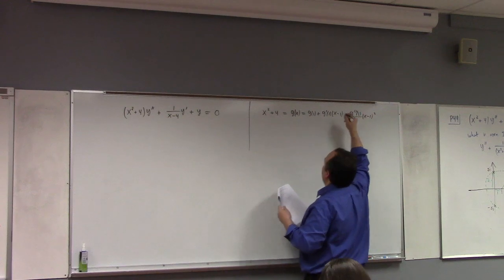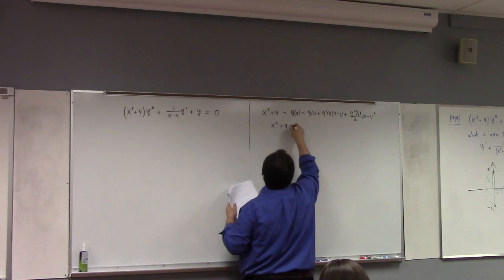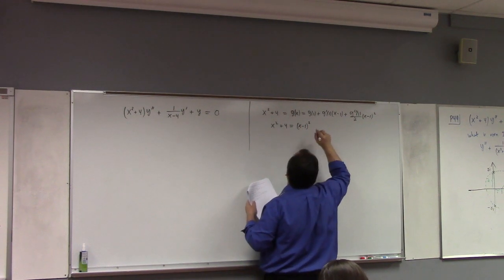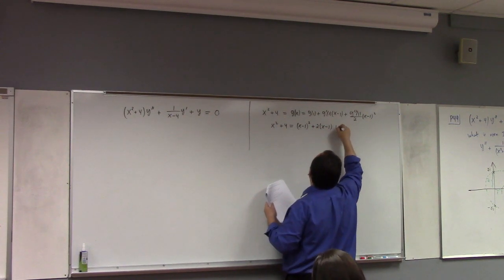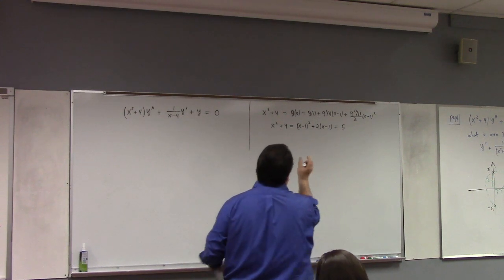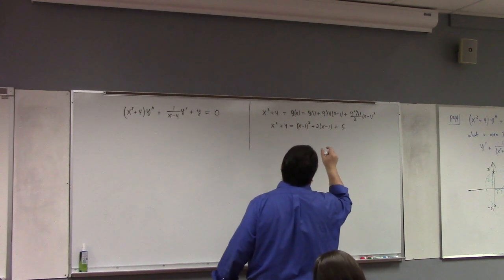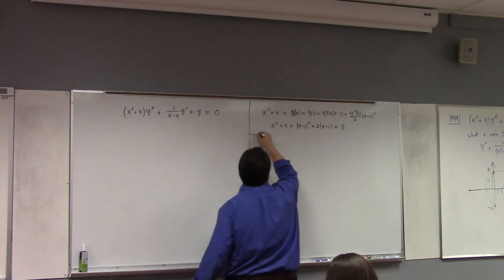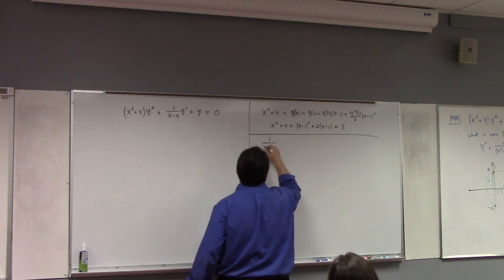So x squared plus 4 is actually equal to (x minus 1) squared plus 2 times (x minus 1) plus 5. You can FOIL that out and see that it works: x squared minus 2x plus 2x cancels, I get a plus 1, I get a minus 2, I get a 6 minus 2, which is 4. On the other hand, the 1 over x minus 4 feels like a geometric kind of thing.